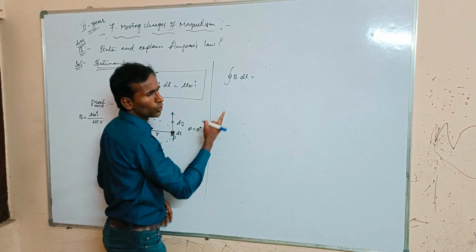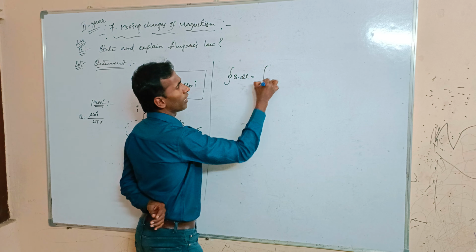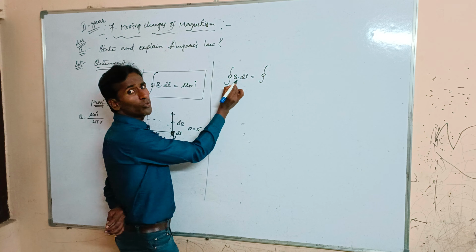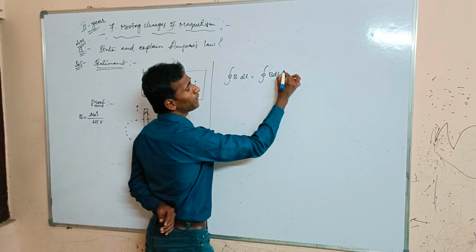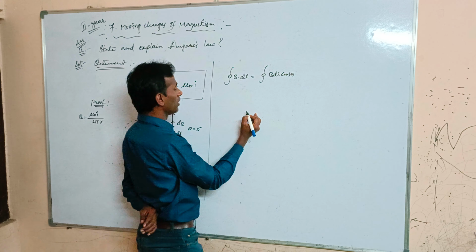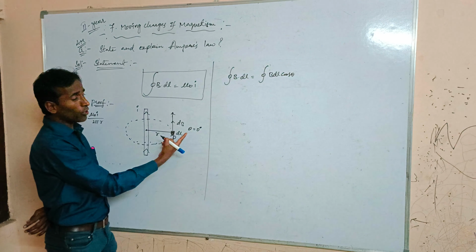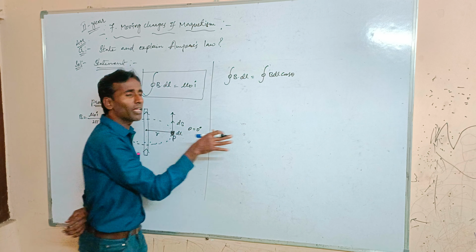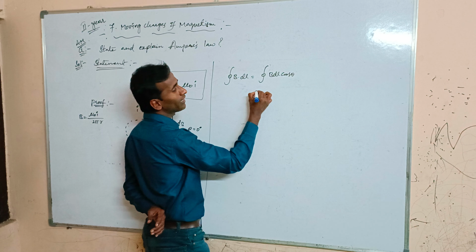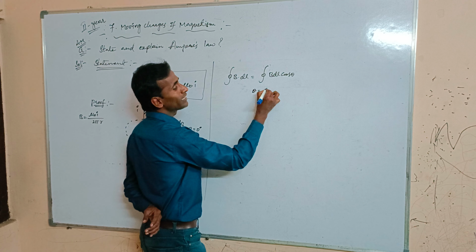Whenever you remove the dot, you get cos theta, so we write B dl cos theta. Since the length element and the magnetic field are in the same direction, theta is 0 degrees.